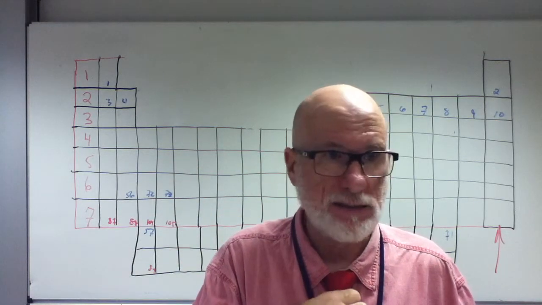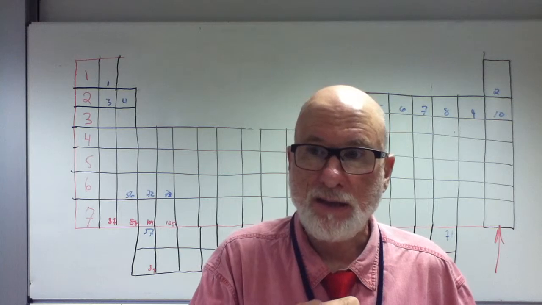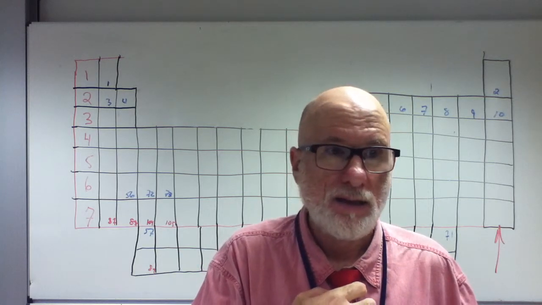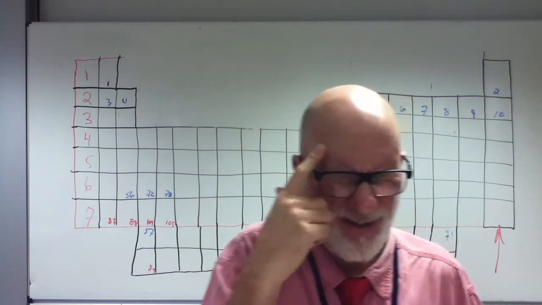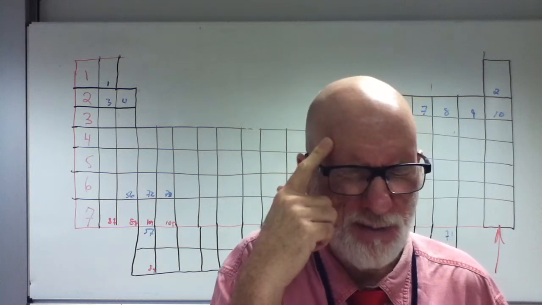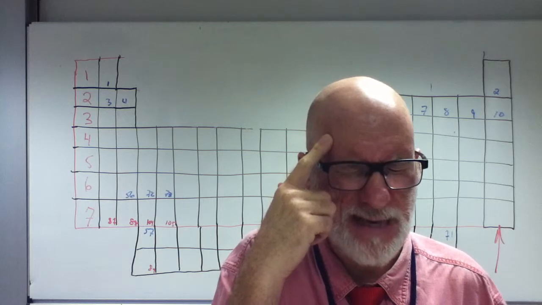What I say is that the atoms... Let me ask you a quick question. What's the relationship between the number of protons and the number of electrons in an atom?